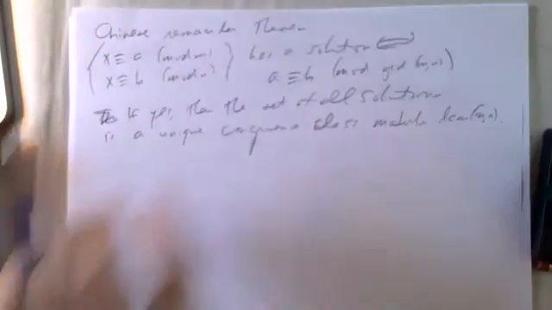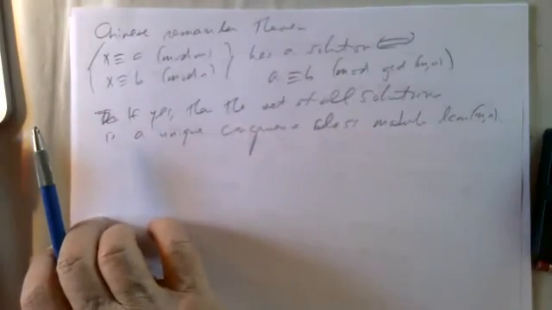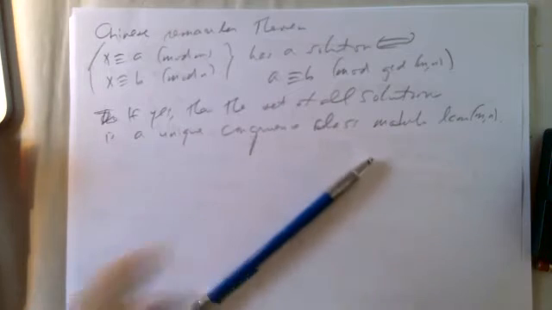And that's why the solution for part A was one congruence class modulo 35.